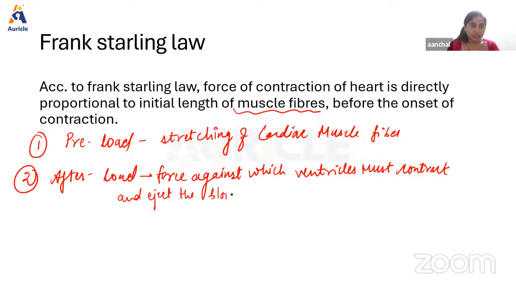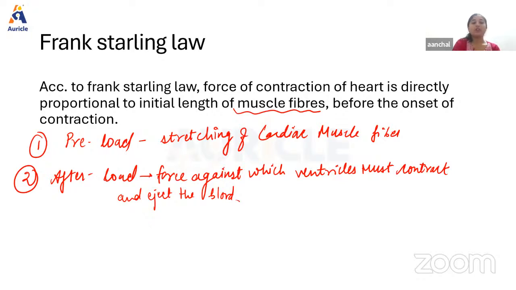Okay, so the main aim of the afterload is to apply a force so that there will be ejection of the blood. Okay, so force is determined here by the arterial pressure, and also at the end of the phase, that is isometric contraction period, the semilunar valves, as we know, get open, and finally the blood gets ejected into the aorta and the pulmonary artery.